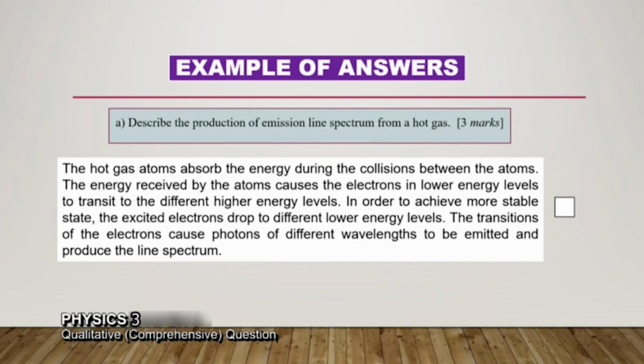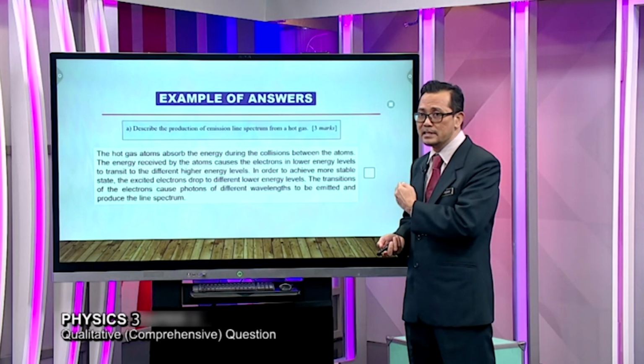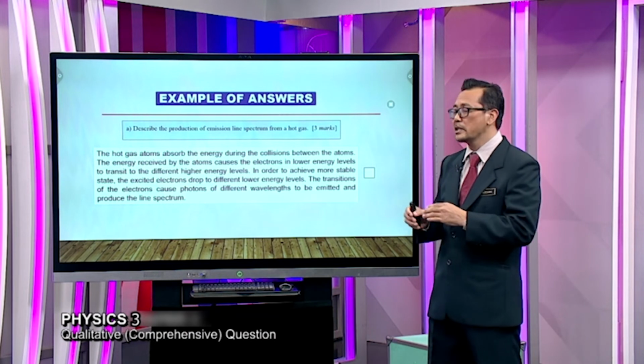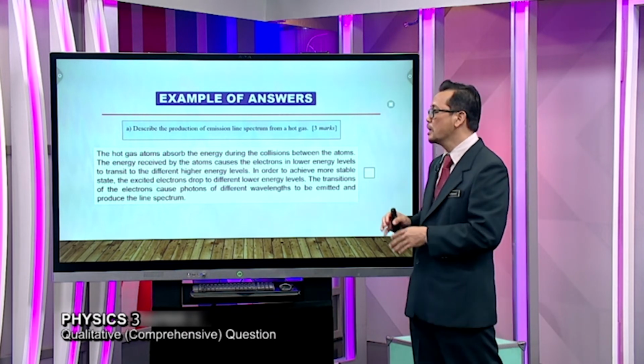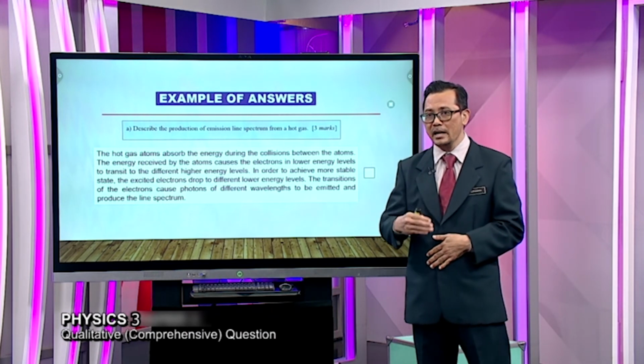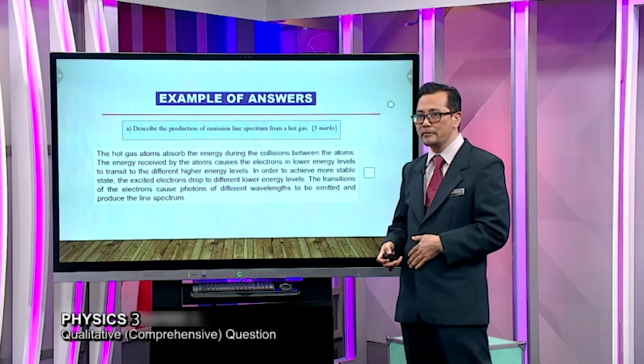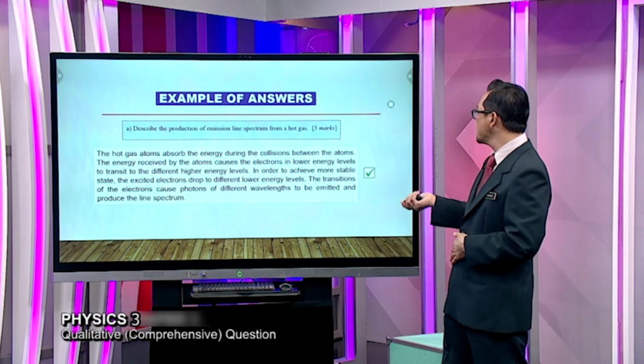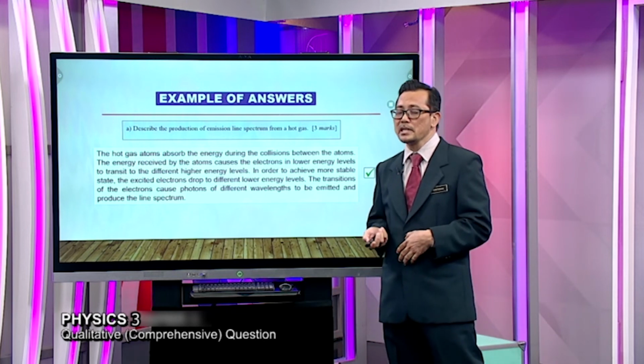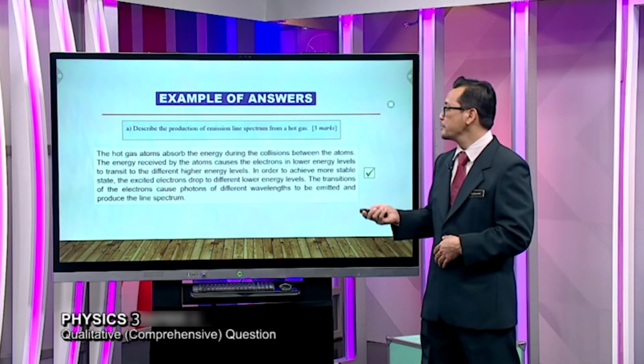The transition of the electrons causes photons of different wavelengths to be emitted and produce the line spectrum. If you look at this answer, it arranges the points very well, step by step, and very systematically. So this can be an example of a good answer.